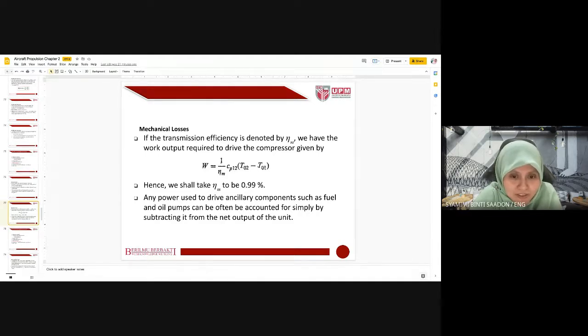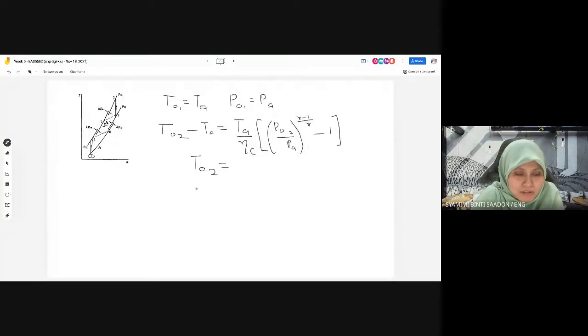The work required to drive the compressor, WC, equals CP times TO2 minus TO1, which is TA, divided by the mechanical efficiency 0.99.